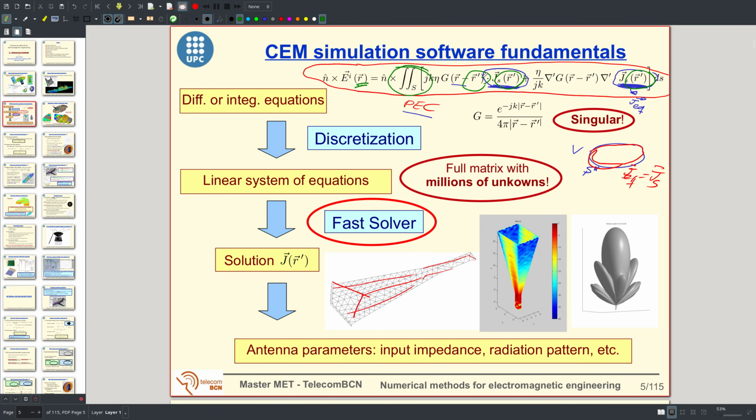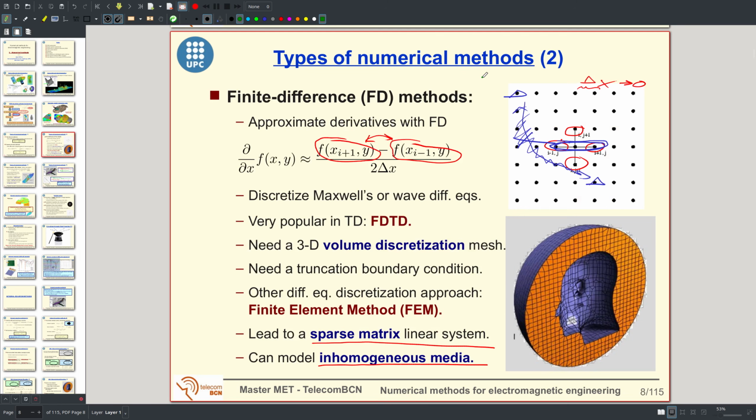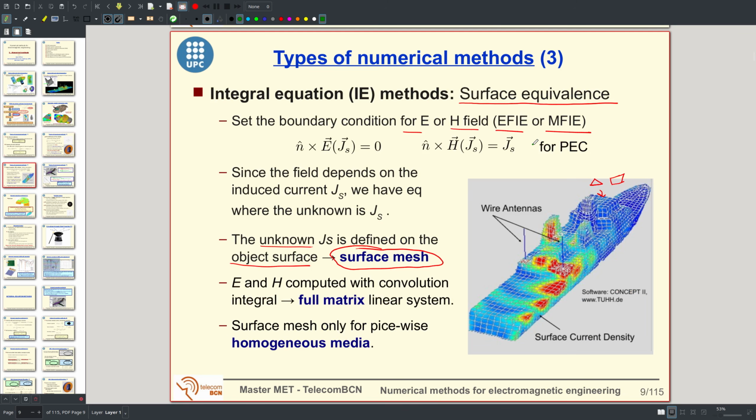So all the points of the object surface are related with all the points of the object surface, not like in finite difference methods in which you only have relation between neighbor points. Now you have relation between all the points with all the points. So the linear system that you get has a full matrix, a matrix in which all the elements are different than zero, okay?